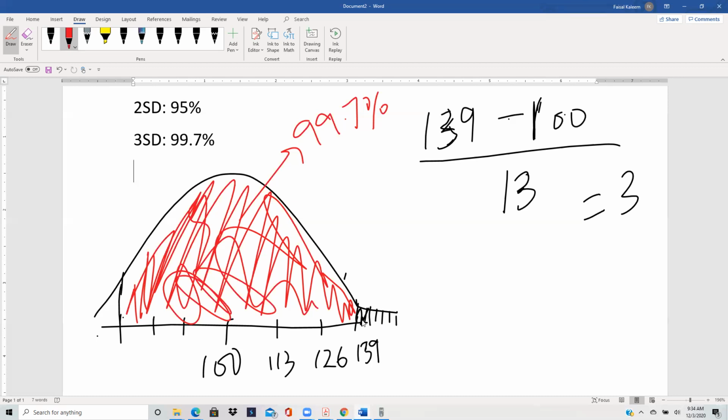The total area is 100%, right? Would you just do 100 minus the 99.7? 100 minus 99.7 will give you this black area, and there will also be a symmetric black area on the left. So 100 minus 99.7 gives you this one and a symmetric one over here, but we just want this one.